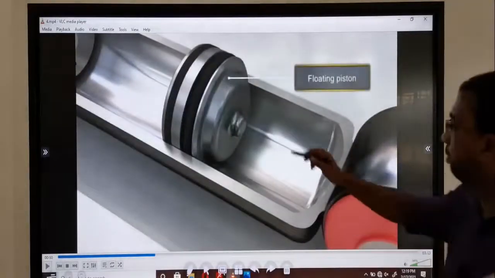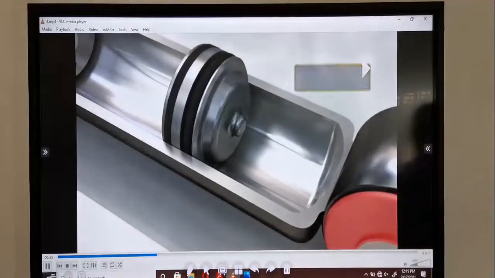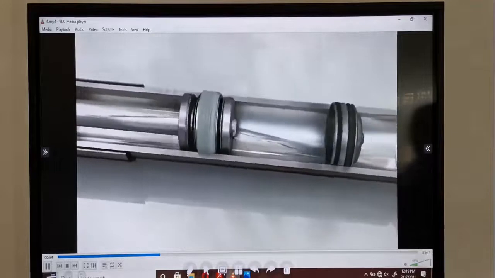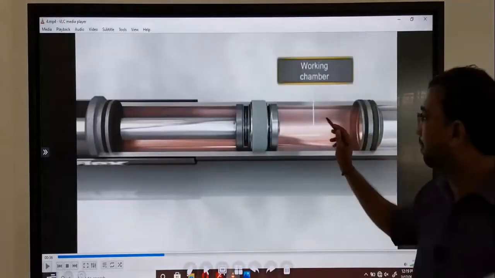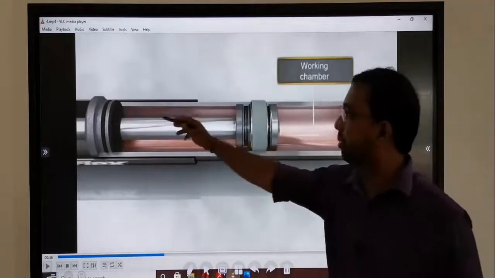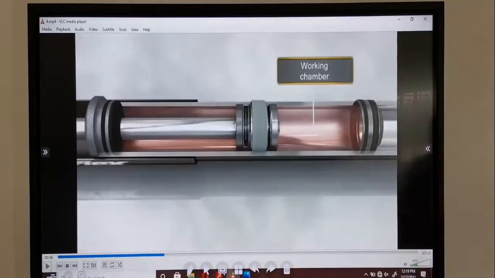There's a floating piston. This is the working chamber. This chamber is completely filled with oil, hydraulic oil, and here there is a floating piston.